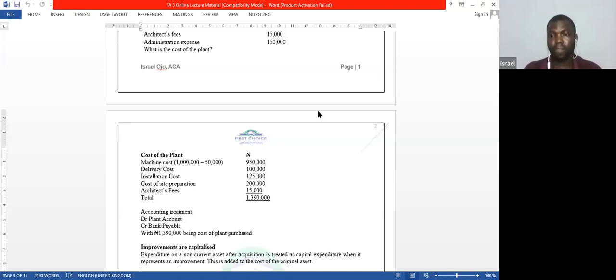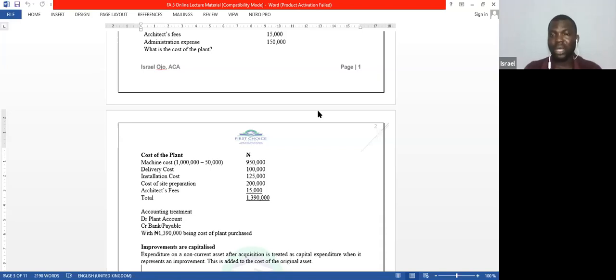I'll repeat that. Whenever you have a capital expenditure item, that figure will be taken to our non-current asset account because it is improving and increasing the non-current asset. For example, an asset is expected to last for 5 years.